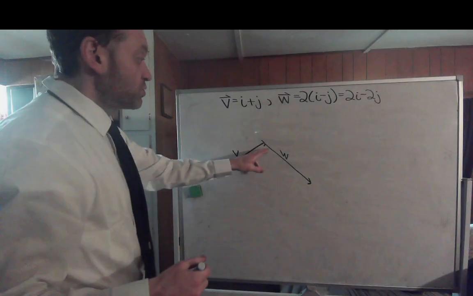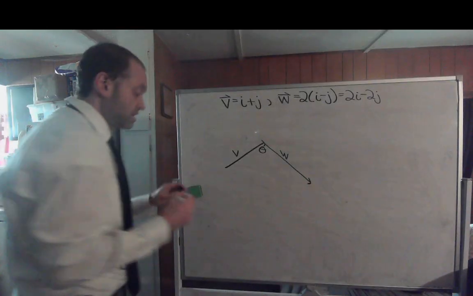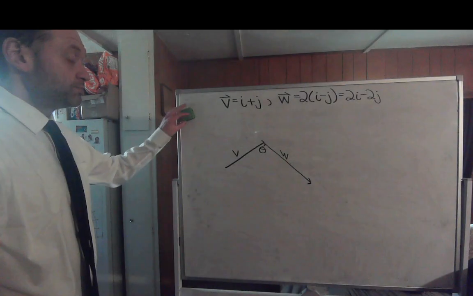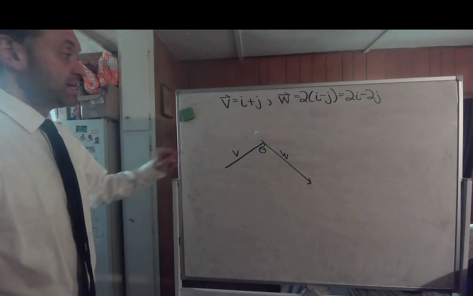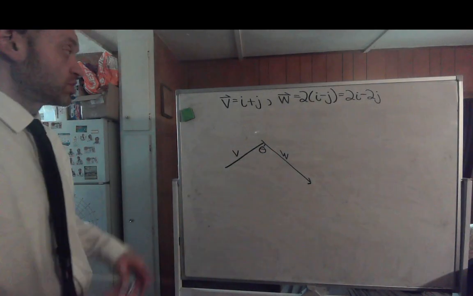The idea is we can find that angle theta between these vectors. Well, how, might you ask? Well, we need to find the length of v and the length of w for sure.